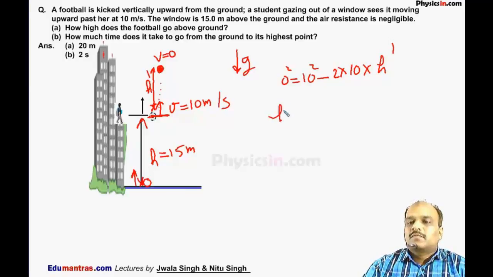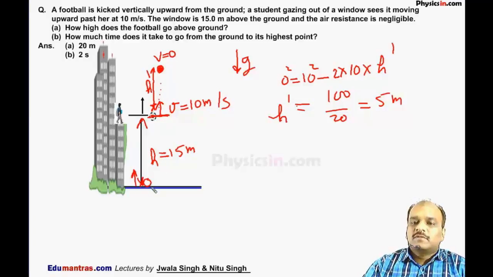From here we get h dash equal to 100 divided by 20, that is equal to 5 meter. So the total height of this ball from the ground is 20 meter. This is the first part.